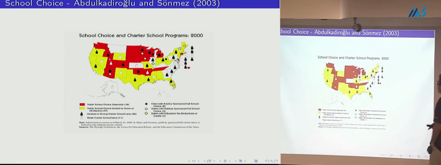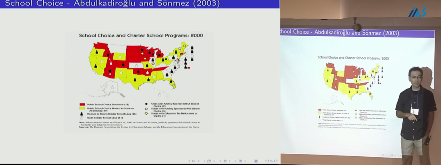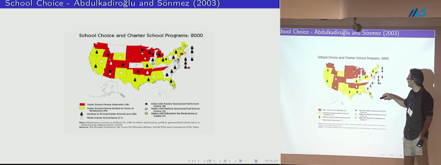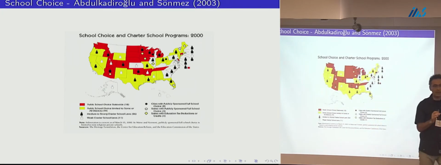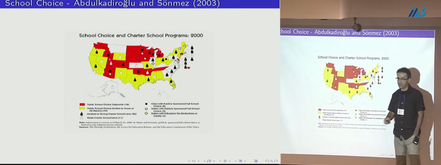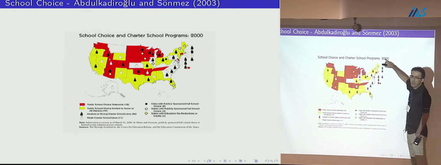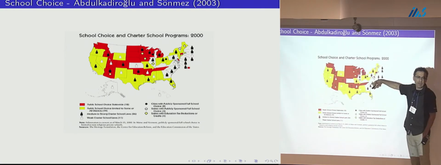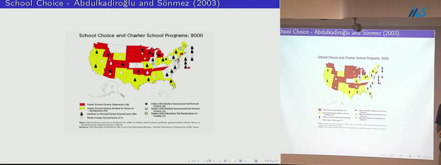And from then on, the choice over public schools only grew. That map is from 2000. The red states indicate where there is statewide choice, and the yellow states indicate where there's some limited school choice by the time of 2000. If you want to draw a similar map today, it would be mostly a monocolor graph. So there's choice almost everywhere.